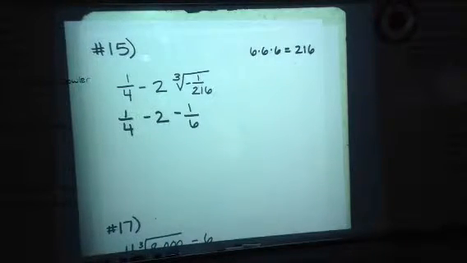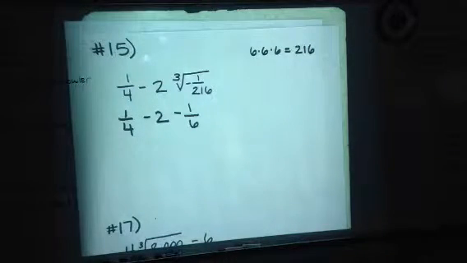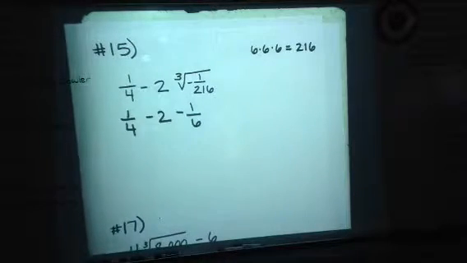I'm going to do that with mine just for the sake of time. I don't know what I should get, I guess. Oh, I'm looking at the wrong sheet. Hold on. Okay, here we go.